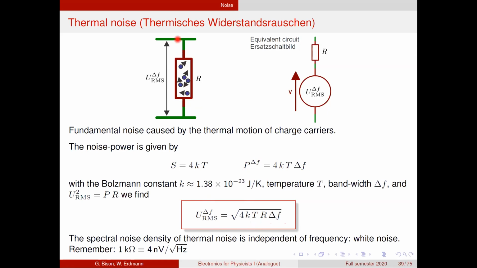And then we can find the equivalent circuit where we have a voltage source which generates this noise signal here and a resistor. So we replace this by that and then can model how the noise of any resistor affects our system.